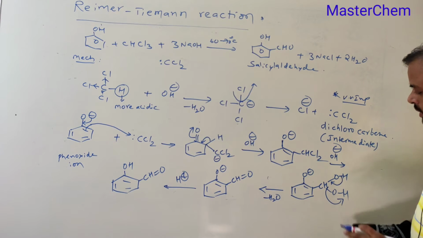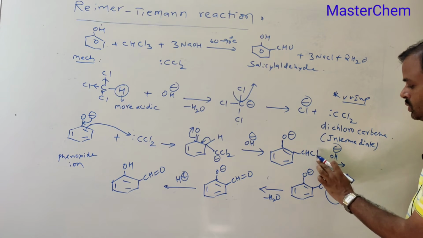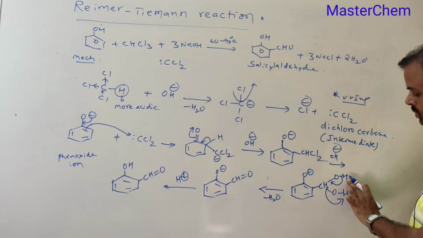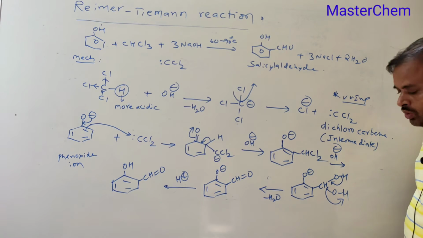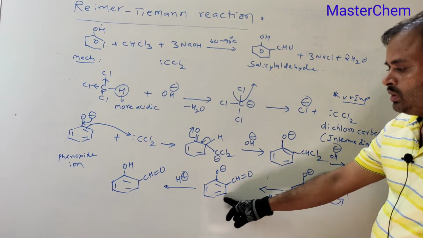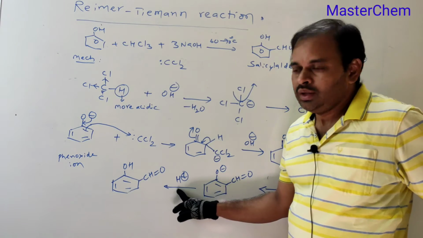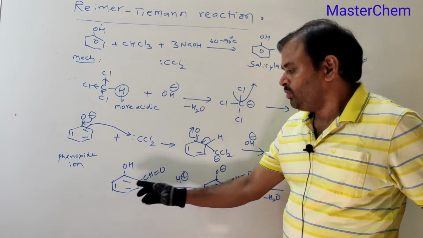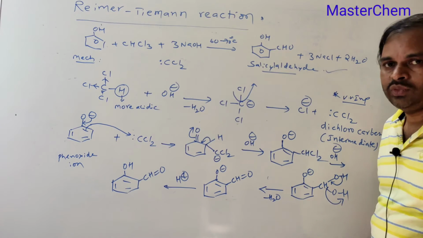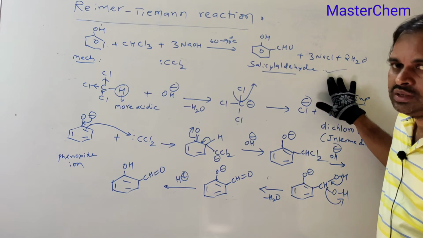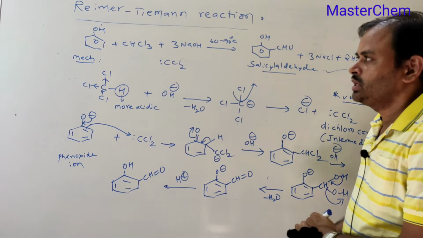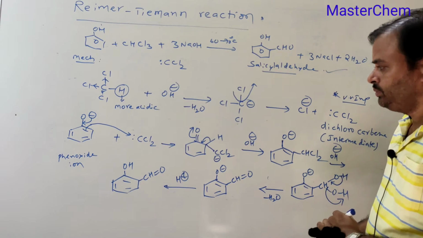Next, with OH minus, the two chlorine atoms are replaced with OH groups. Then minus H2O dehydration, and with H plus ion forms the resultant product: salicylaldehyde, orthohydroxybenzaldehyde. So this is the Reimer-Tiemann reaction.